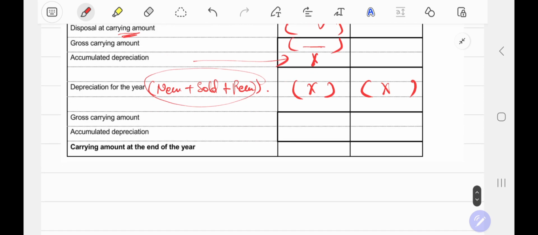And then this part, to get the gross carrying amount at the end, which is cost, you'll take the balance at the beginning.